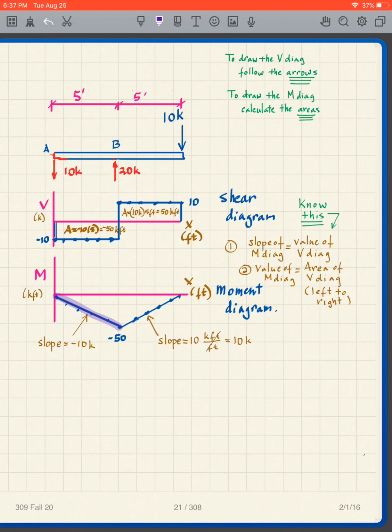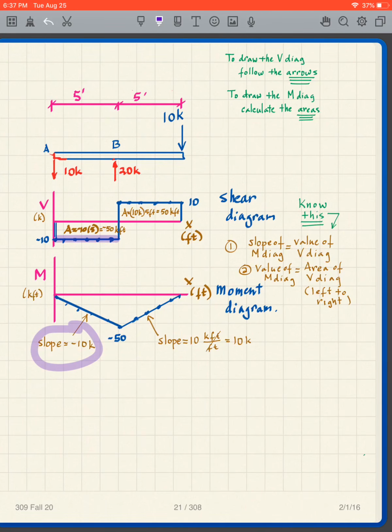What's the slope of this line? Well, if I figure out the slope of that line, it's negative. First of all, it's a negative slope, right? Negative 50 over 5 feet. Notice the units here, negative 50 kip feet over 5 feet gives us a slope of negative 10 kips.